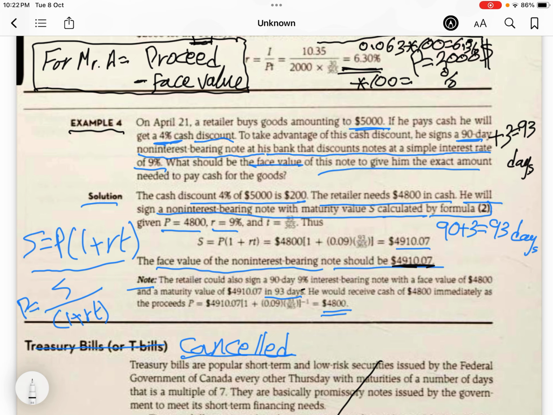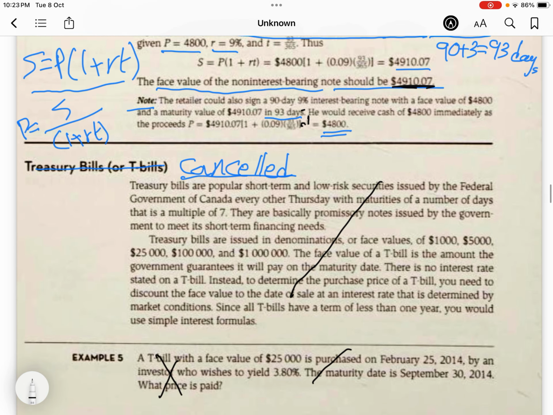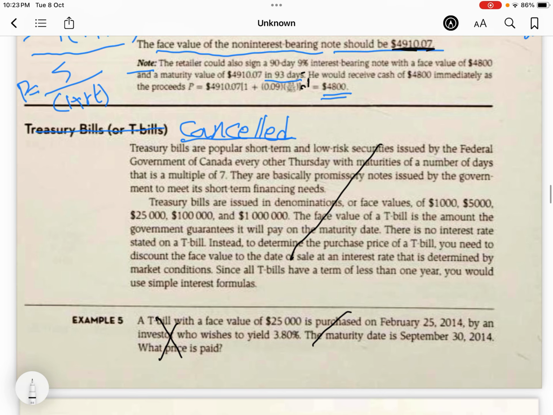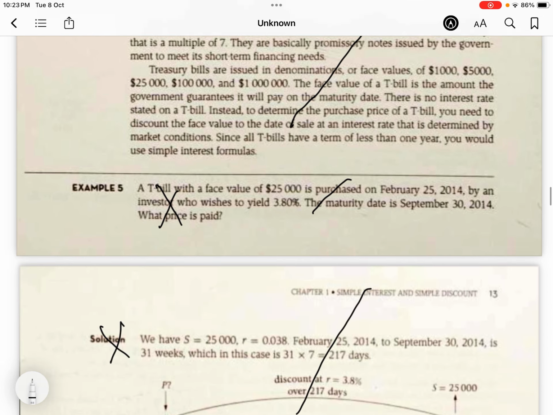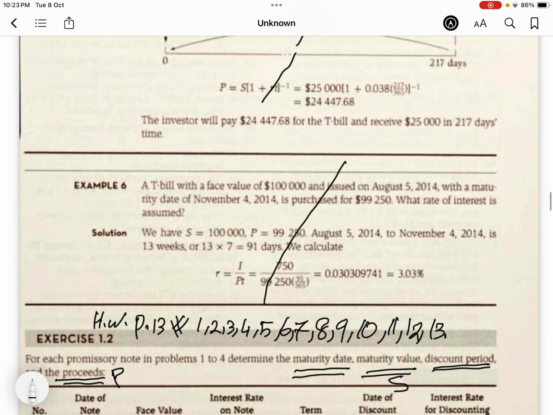He would receive cash of 4,800 immediately as the proceed, equal to 4,910.07 divided by 1 plus 0.09 multiplied by 93 over 365, which is 4,800. Here, T bill, I cancel it, and we will move to the questions.